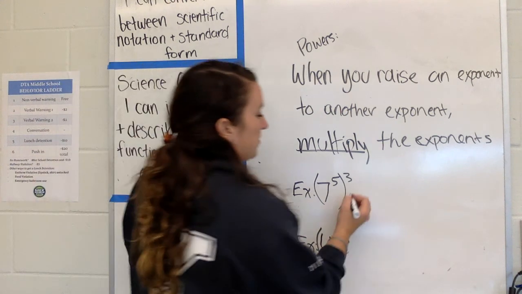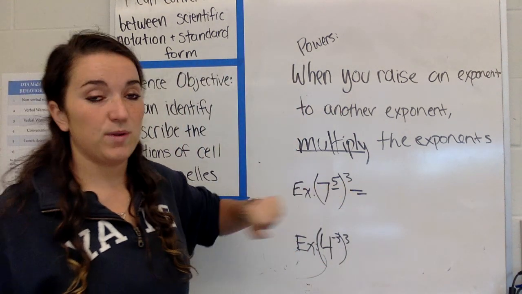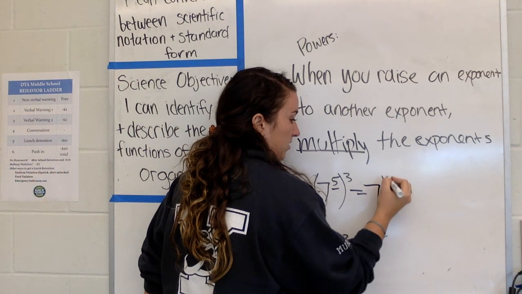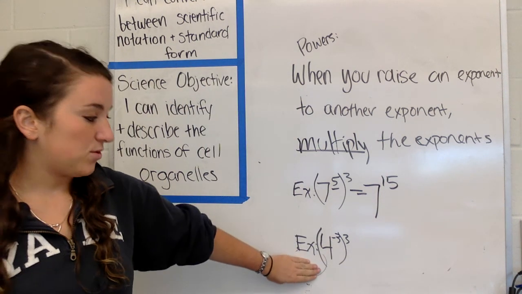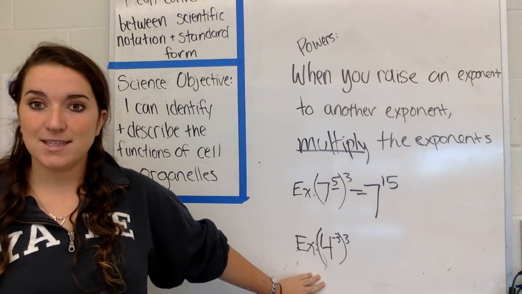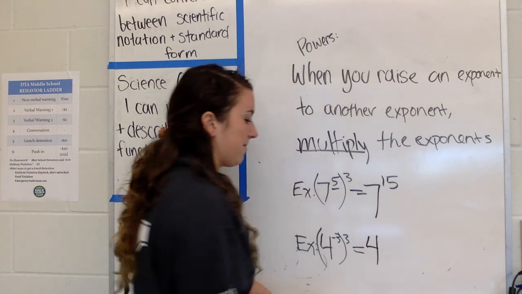So this first problem right here, my first exponent is 5, my second exponent is 3. What is my base? My base is 7, so I can multiply my 5 and my 3. This next one down here, what is my base in this problem? Right, my base is 4, so I keep my base. So my base will be 4.